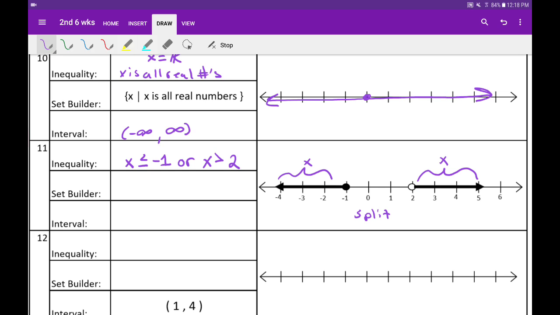This one doesn't have a bar because the 2 has an open point there, so watch for those open points. To do it in set builder is basically the same thing. We define x such that x is less than or equal to -1, or x is greater than 2. Close the set.